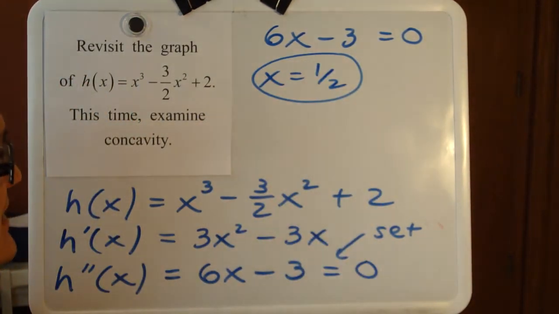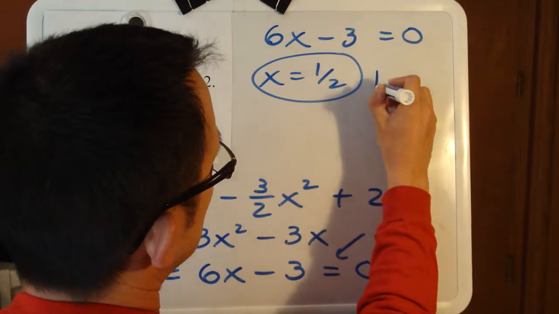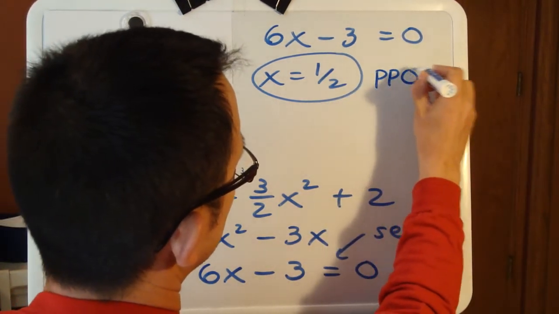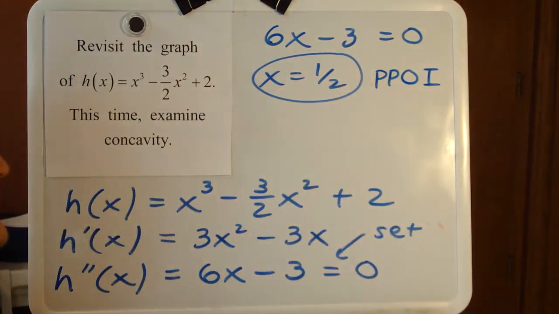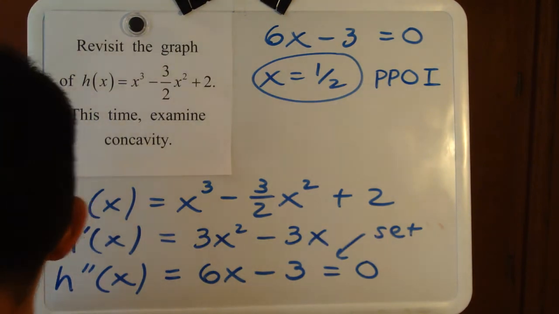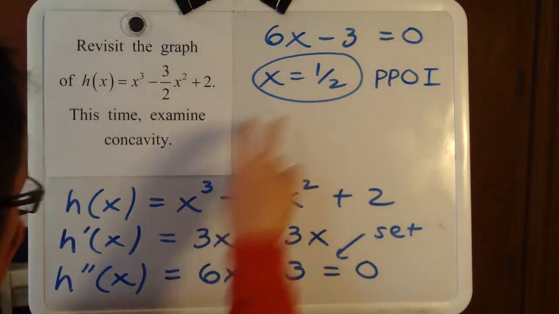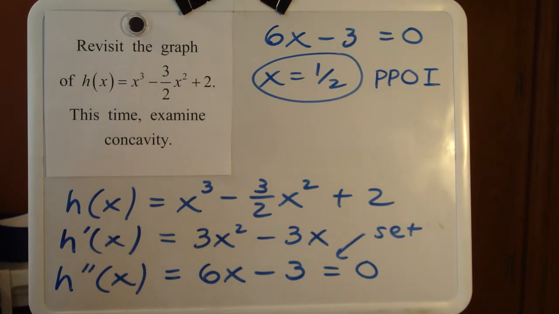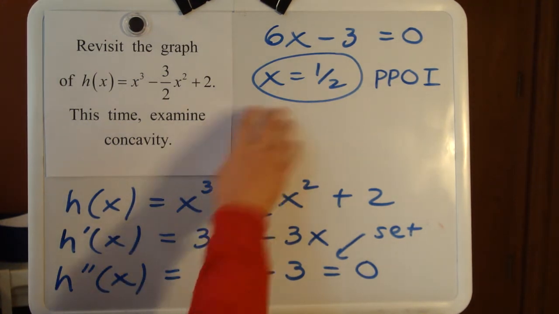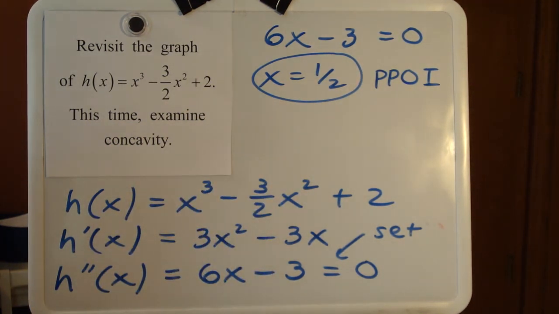We don't know for sure if it's going to show a change in concavity, but it could. So I'm going to call this a possible point of inflection, PPOI. This is going to act like our critical numbers for the first derivative, in that we can put this on the number line and then observe the sign of h double prime.